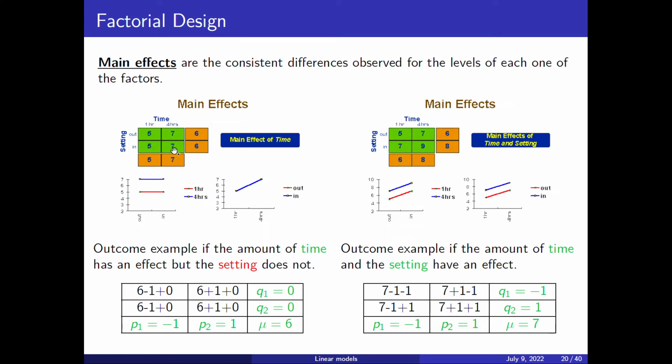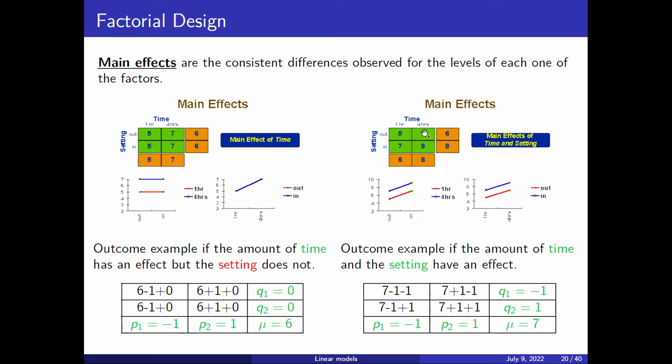And what about this one? This one would be the overall mean, that is 6, plus the contribution of 4 hours, that is 1, plus the contribution of in class, that is 0. So we get 7, that is what we observe here.